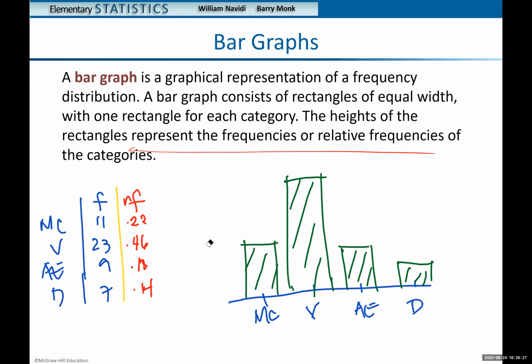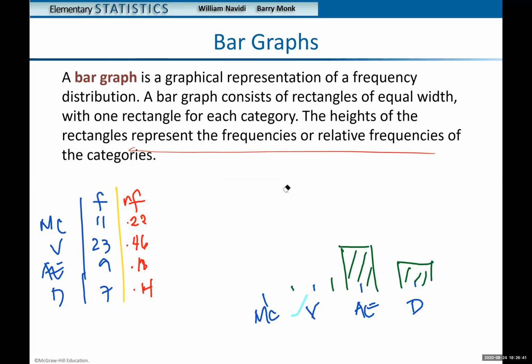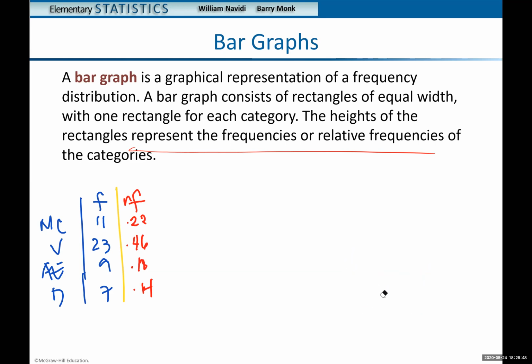So all you have to do is create a different one. The highest is 0.46. So you can create a bar graph using RFs.